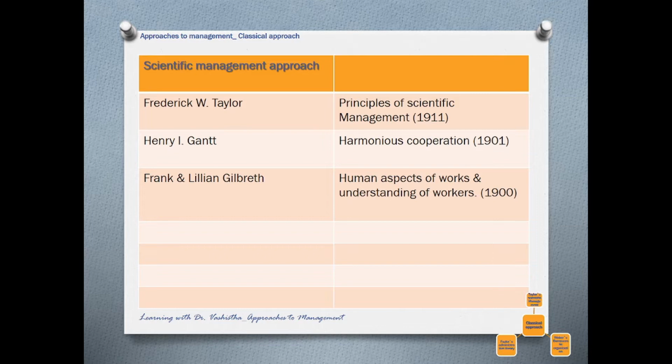Like Frederick W. Taylor, and his work was Principles of Scientific Management in 1911, where he explained the scientific management approach. And further, his post contributors like Mr. Henry Gantt, Mr. Frank and Lillian Gilbreth, and their respective works.